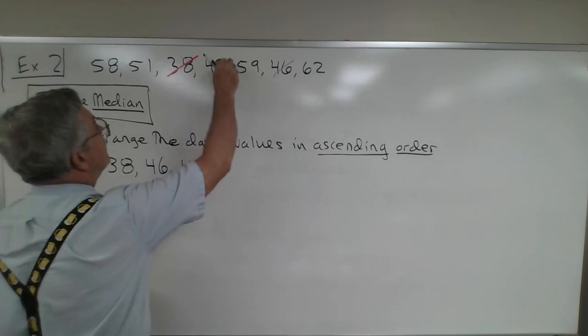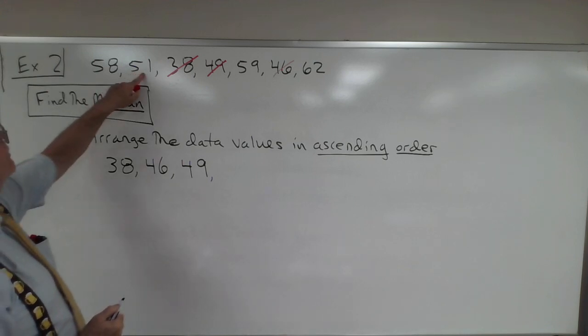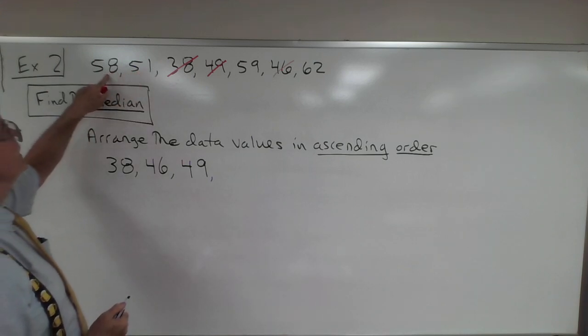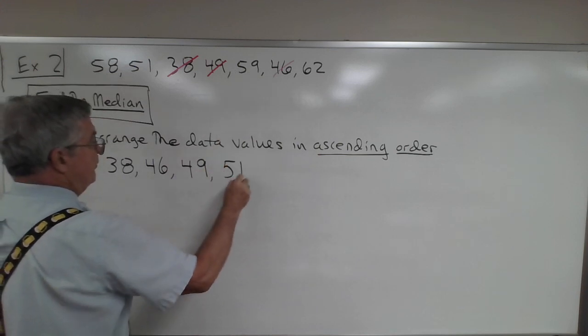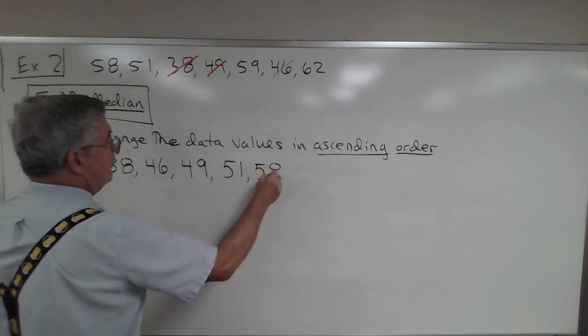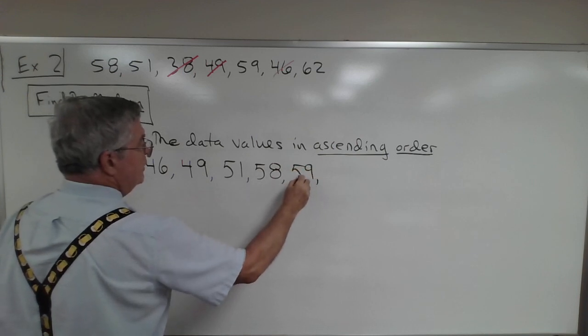Okay. Then what do we have left? 58, 51, 59, 62. So our next three data values will be 51, 58, 59. Boy, that's an ugly 5.